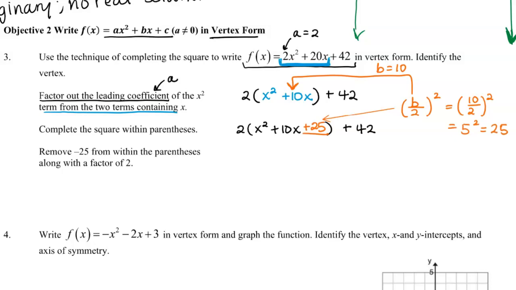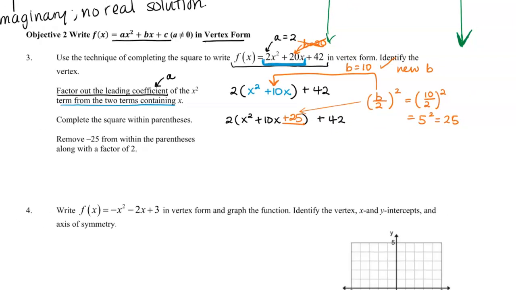Again, it would be wrong to go back and say b is 20. Don't use that b. Use the new b when you're calculating that. The issue with adding 25 on the inside of the parentheses, however, is that it changes the problem. If I were to start expanding this out, the problem says 2x squared, which is good, plus 20x, which is also good.